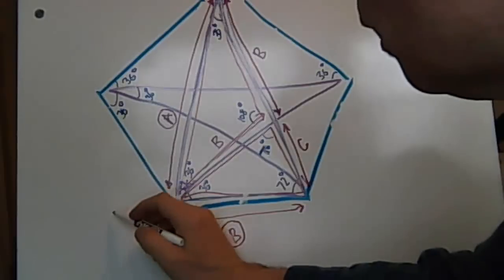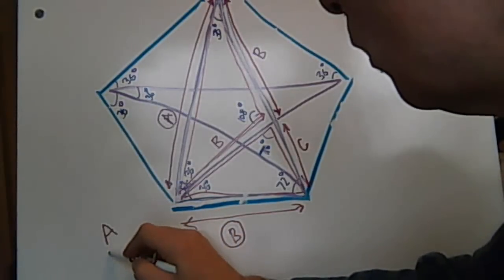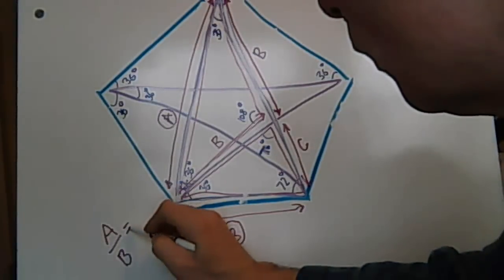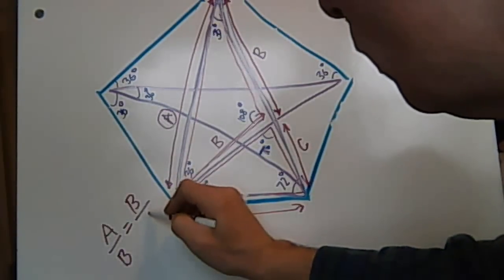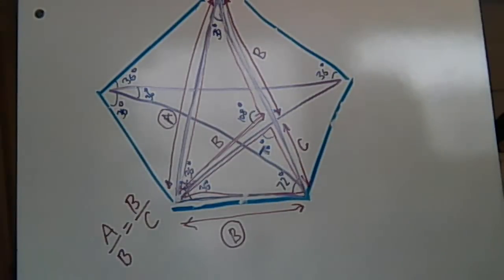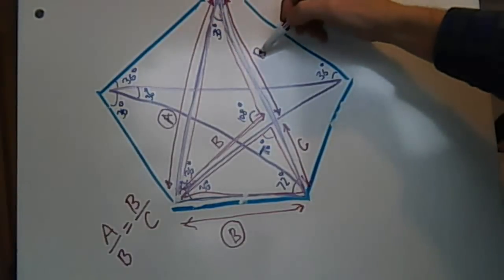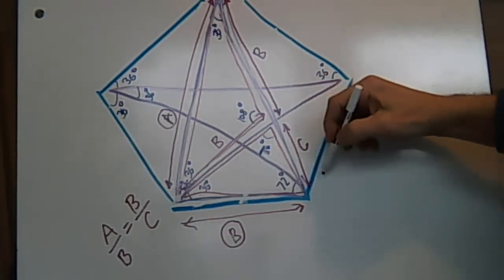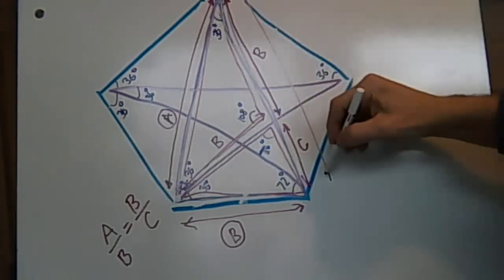So we can write that like this: A over B equals B over C. But also, we know that B plus C is equal to A.